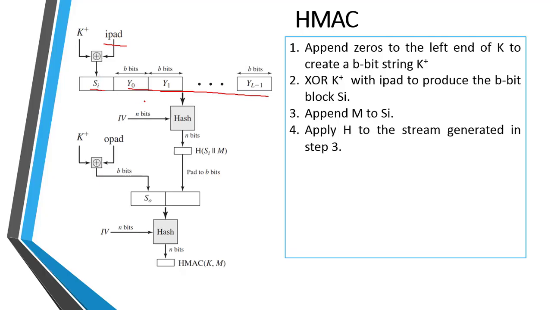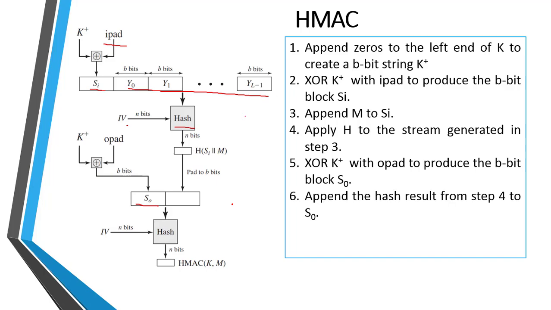After that, apply the hash function to the generated output. So here the hash function is applied using the initialization vector and the output of step number 3. Next, XOR K plus with opad to produce the b-bit block known as S0, and then append the hash result to S0.